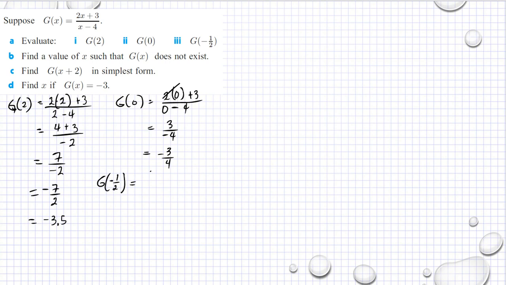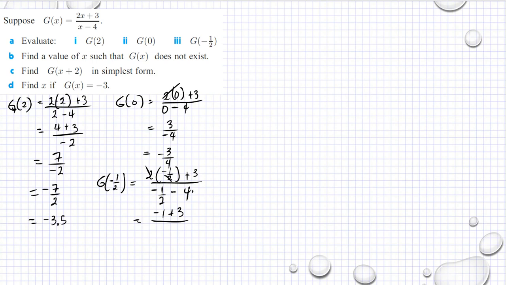Then we have 2 times negative 1/2 plus 3, divided by negative 1/2 minus 4. And this will become negative 1. Then we have negative 1 plus 3. If we expand this by multiplying, no, sorry, it's the other way around.